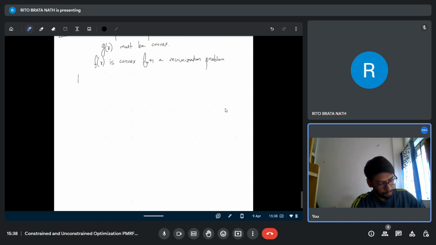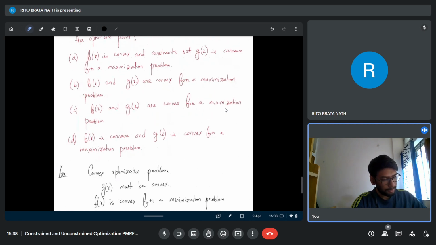Now, for a maximization problem, f(x) is concave, which implies that minus f(x) is convex, and now you have a minimization problem.